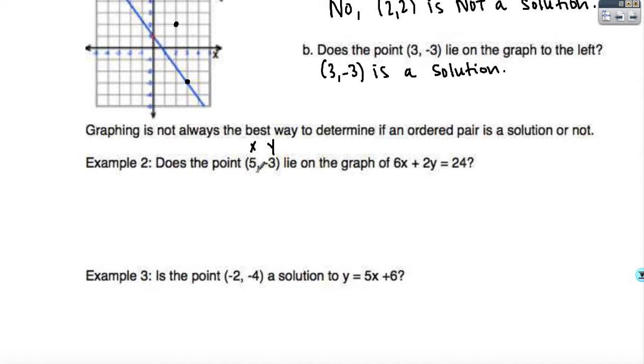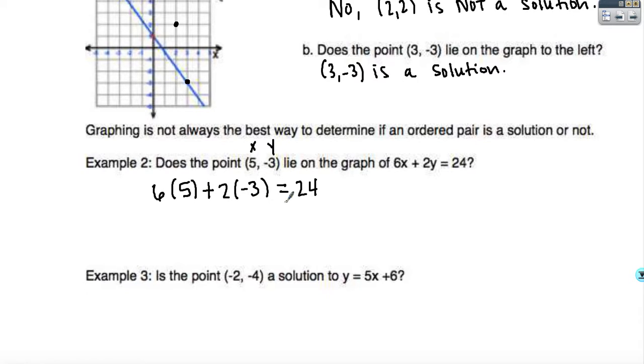In this particular problem, I'm going to take 5 and plug it in for my x's, and take -3 and plug it in for my y's. So I would have 6 times 5 plus 2 times -3, and I'm going to see if that's equal to 24. If it is equal to 24 on the left side, then (5, -3) has to be a solution.